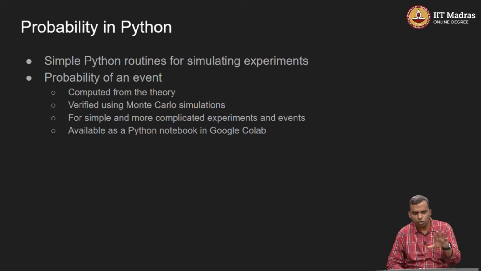Okay, so all this code will be available to you as a Python notebook in something called Google Colab, and these are things that are very important for you to learn in this program, right? Knowing a good Python notebook environment where you can go in and do some work is extremely important for a data science program.